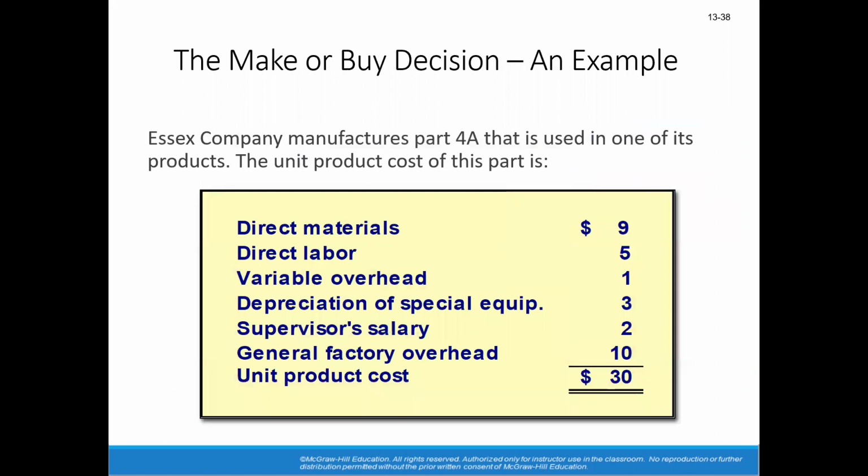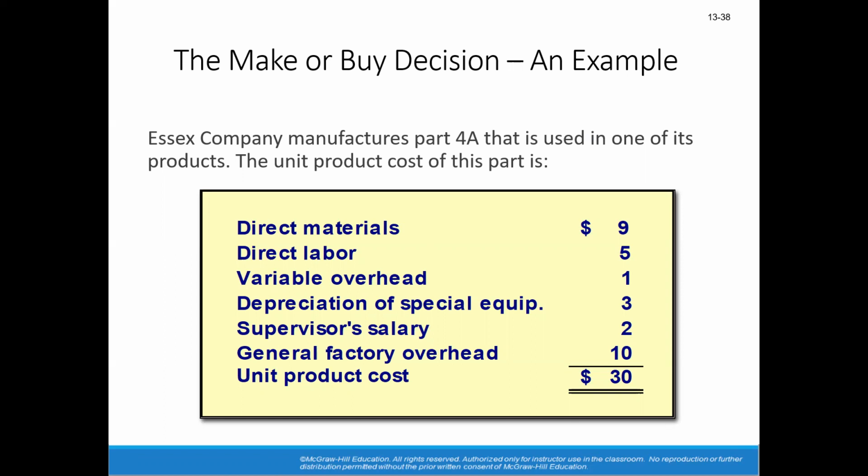So here's an example of a make or buy decision. Essex Company manufactures part 4A that is used in one of its products. The unit product cost of this part is direct materials and labor and overhead, depreciation, supervisor's salary, and general factory overhead.